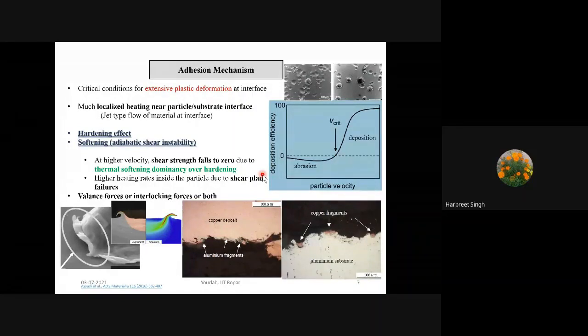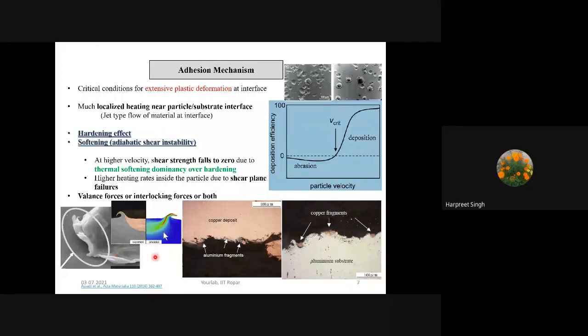So that I think we can understand, because this deformation level will depend upon the type of materials and so on. So some people say much localized heating near the particle substrate interface takes place. Some people say a particle will come here. For example, this is some simulation, and this is some experimental work done by some group.